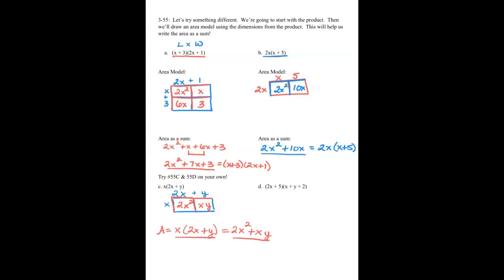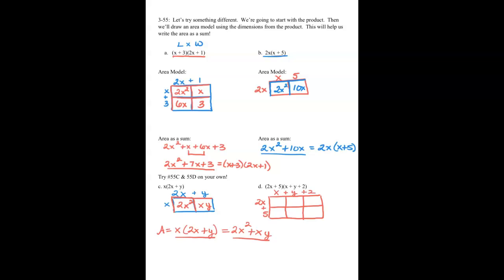For the second one, I need one dimension to be split into two parts, and the other dimension is going to be split into 3 parts. So vertically, I'm going to have my dimension as 2x plus 5. Horizontally, x plus y plus 2.